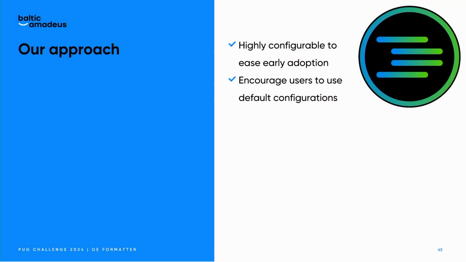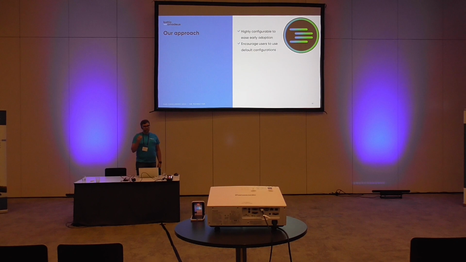And our approach, so yeah, this is the logo we created for the formatter. Our approach, for starters, is to be highly configurable, to make it easier to adopt. I understand it would be hard to adopt this formatter if it formats 90% of your code, if you click format and it changes it completely. That might be a big blocker.